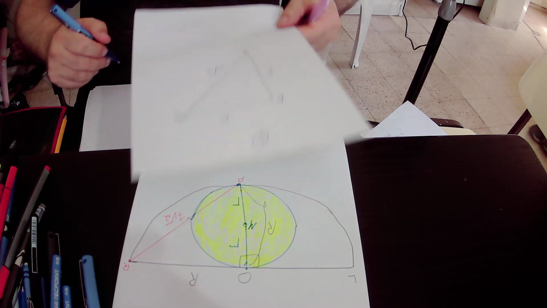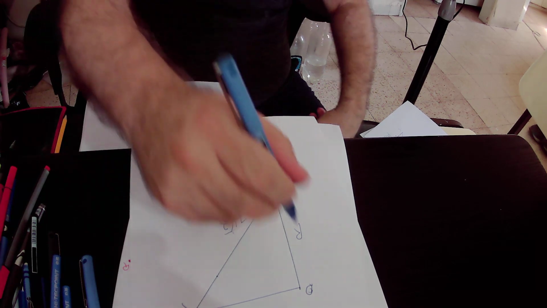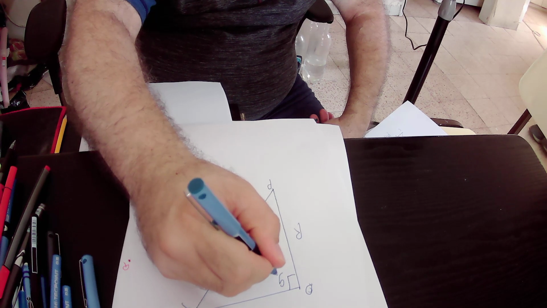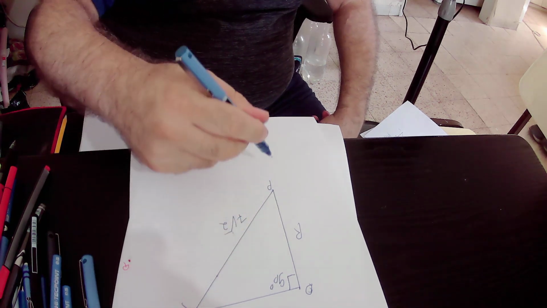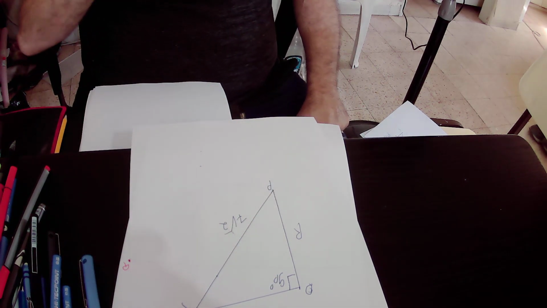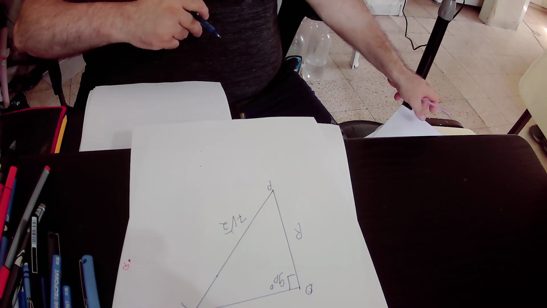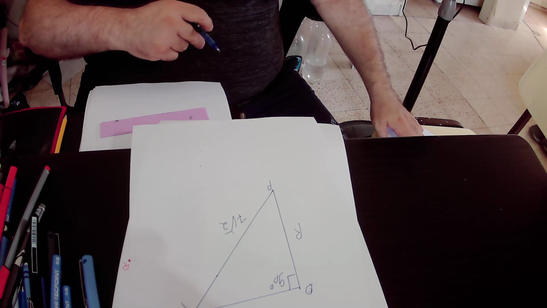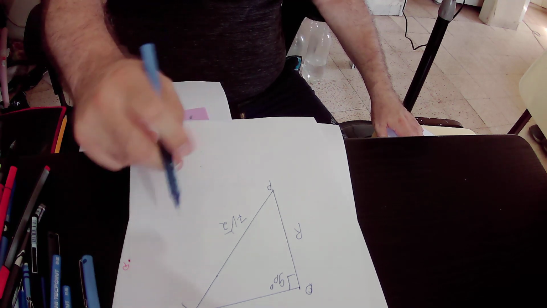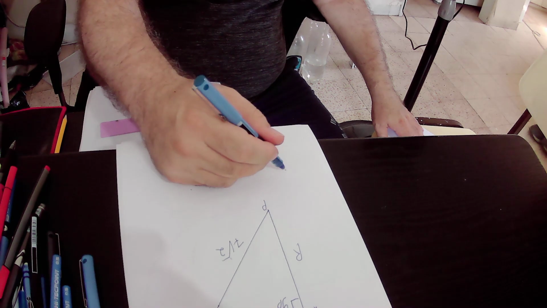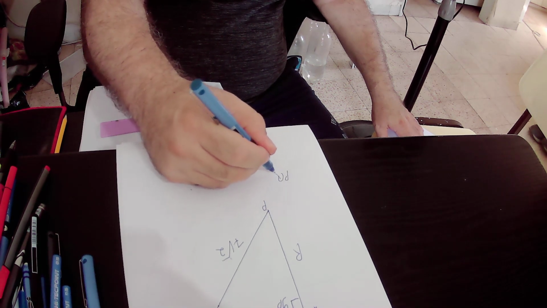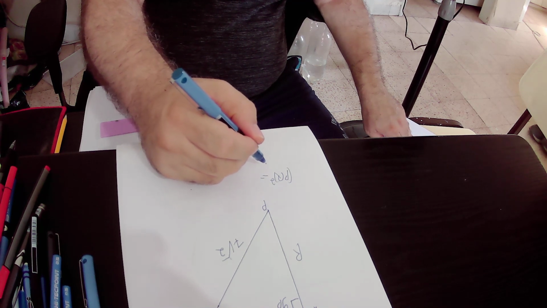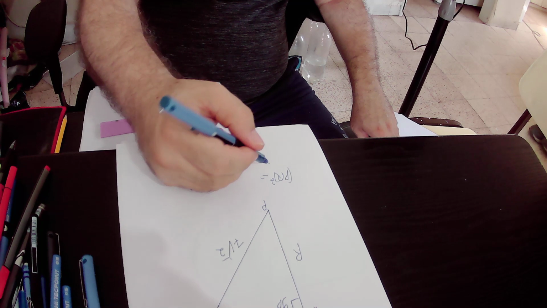So if we look at the right triangle POQ, according to the Pythagorean theorem, the square of the hypotenuse, that is to say PQ square, equals the sum of the squares of the perpendiculars.